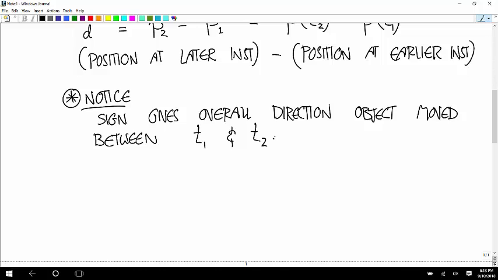So if the displacement is positive, it means that the object between those two instants has overall moved in the positive direction, whatever you're calling the positive direction. And if it's negative, it means the object's moved in the negative direction.